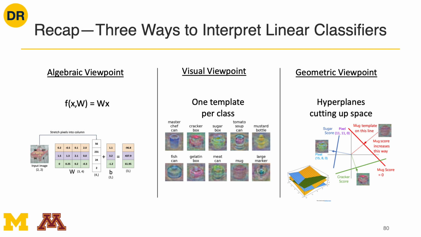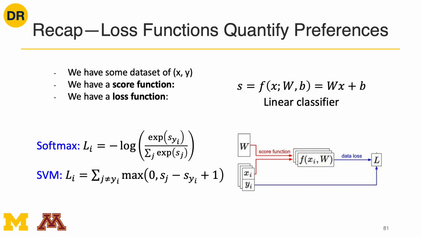We looked at 2 different loss functions, and the key idea is that we're trying to quantify some preference over the potential parameters that our linear classifier has. We looked at the softmax loss function shown on this slide, and also the SVM loss function. Both of these are going to be implemented in project 1.